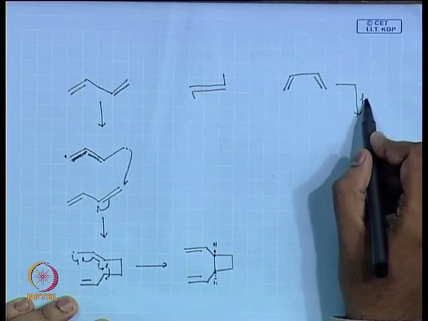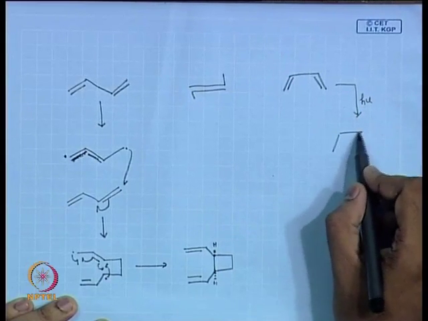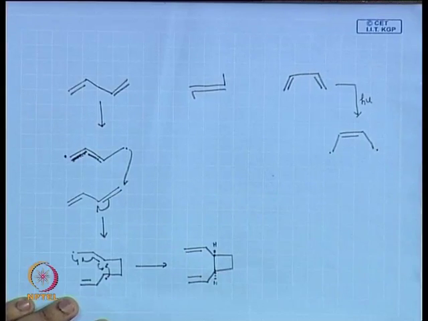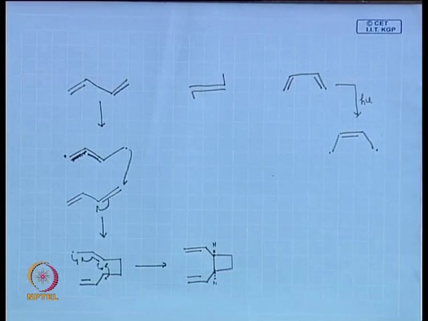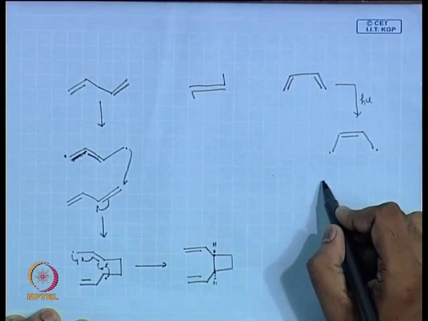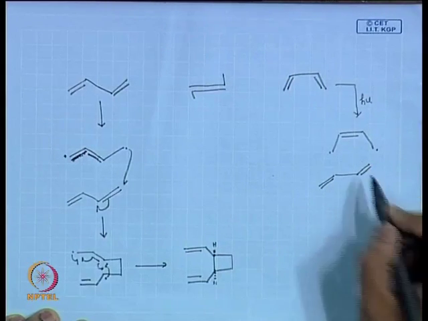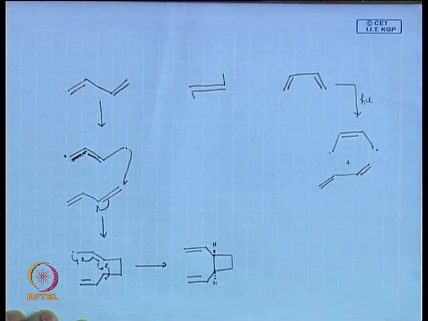So, if I photolyze this, then radical like this, okay. It can react with your ground state diene.